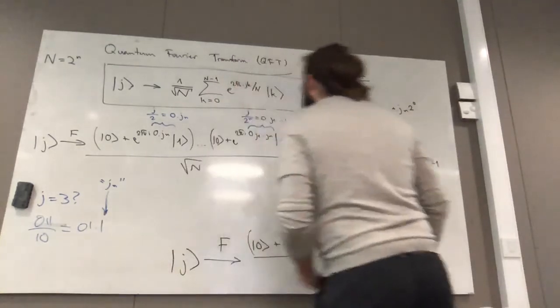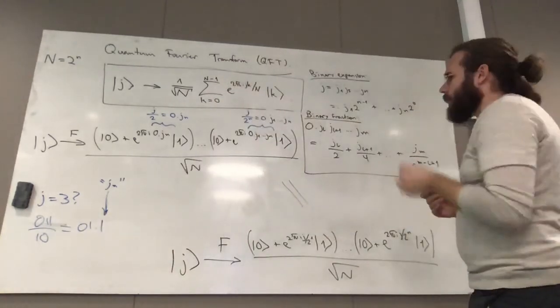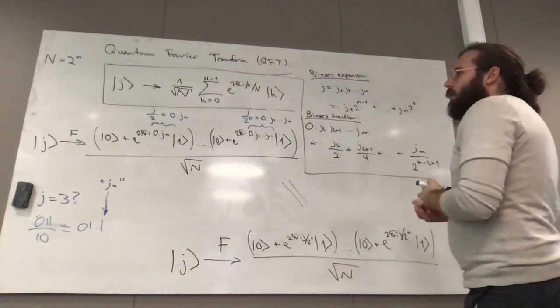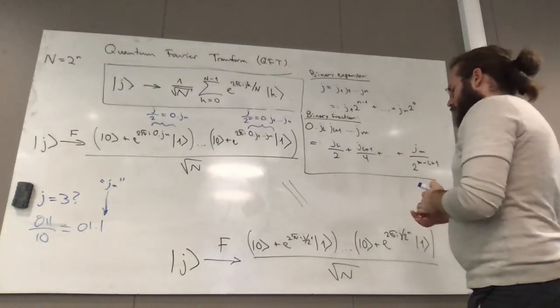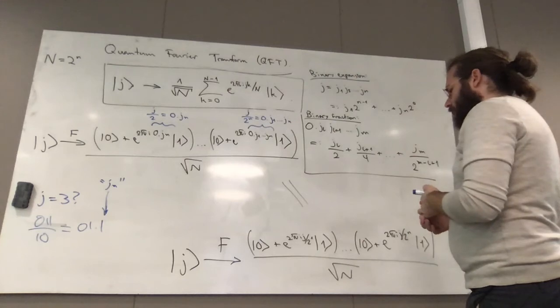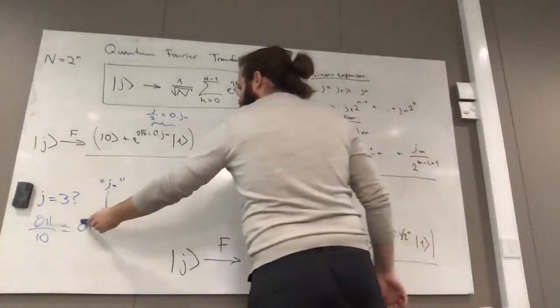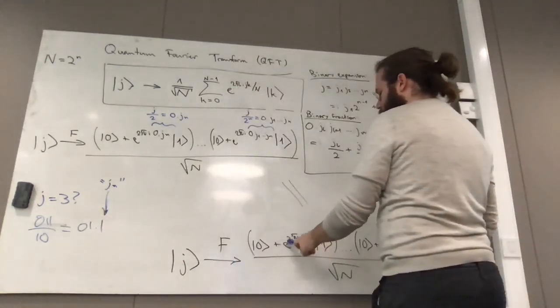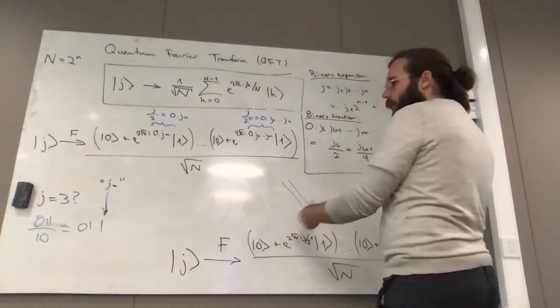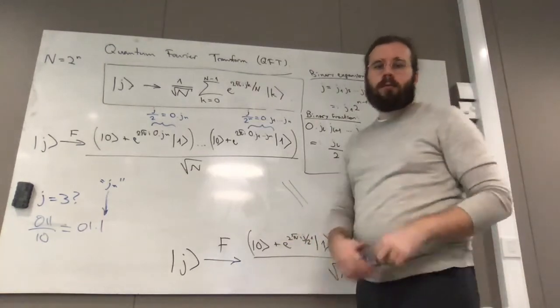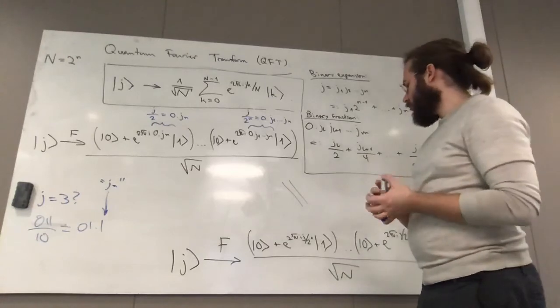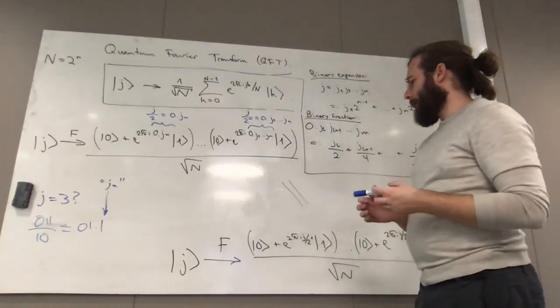Do you only care about the part behind the dot? I mean, maybe this one just goes away because e to the 2 pi i times 1 is 1. I think that's just by definition of this kind of thing, right? The binary fraction definition.